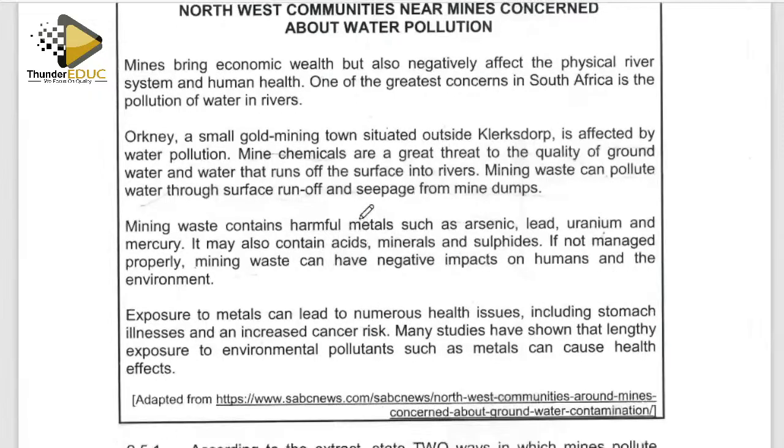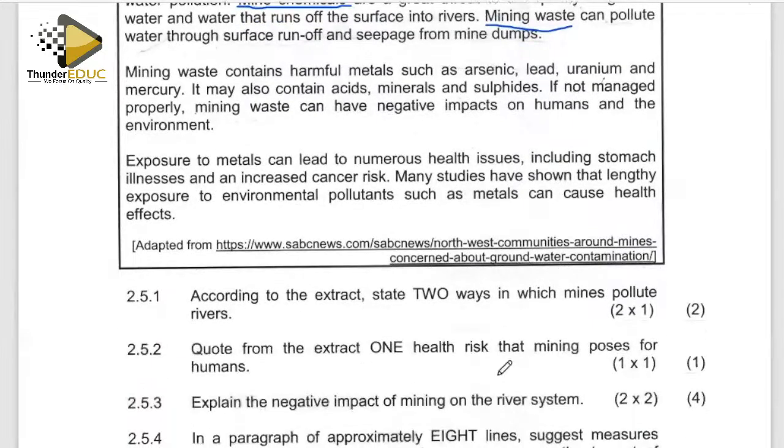It says mine chemicals are a great threat to the quality of groundwater and water that runs off the surface into rivers. So mine chemicals is number one. Then mining waste can pollute water through surface runoff and seepage into mine dumps. So mining waste and mine chemicals are the two ways in which mining activities pollute rivers.